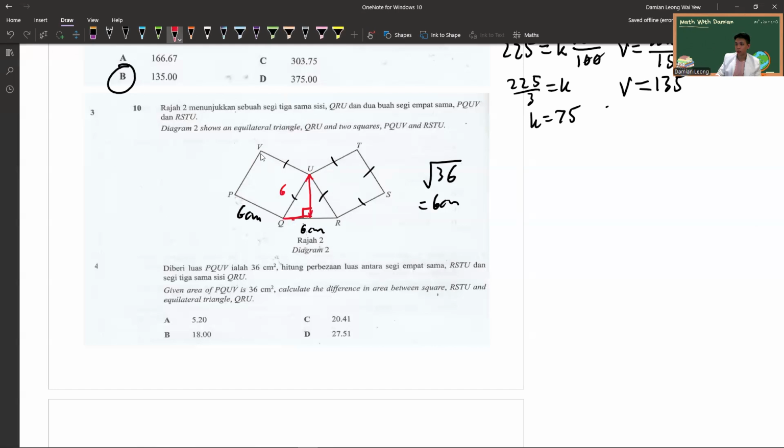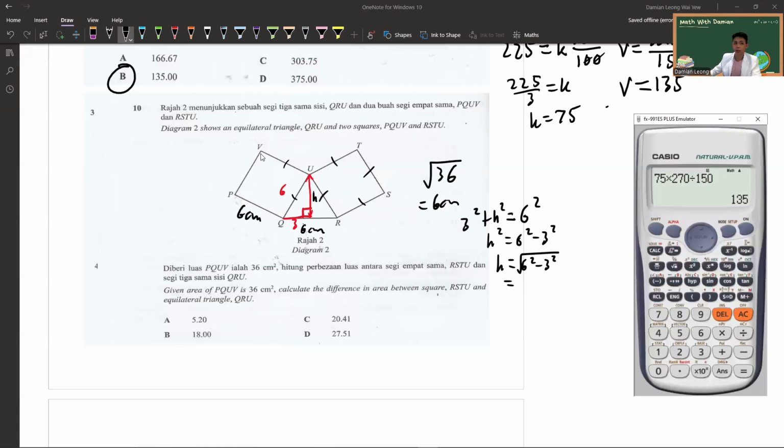Here would be half of the 6 cm, 3 cm. So let's put h: 3 square plus h square equals 6 square. A square plus b square equals c square, c must be the hypotenuse. So bring over 6 square minus 3 square. h is square root of 6 square minus 3 square.